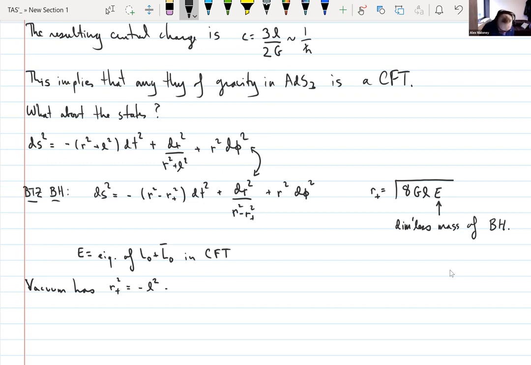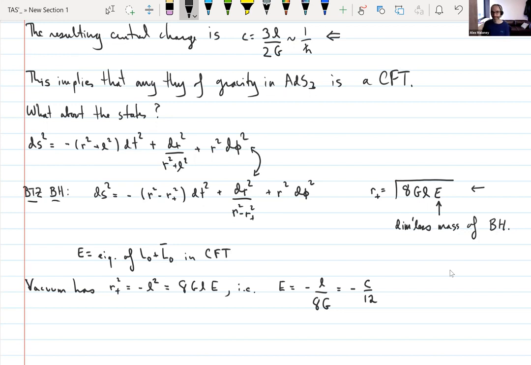And what is R plus squared? Well, let's just use this formula over here. That's 8GL times E, which is to say E is minus L over 8G. Or if we plug in our formula for the central charge up here, minus C over 12.